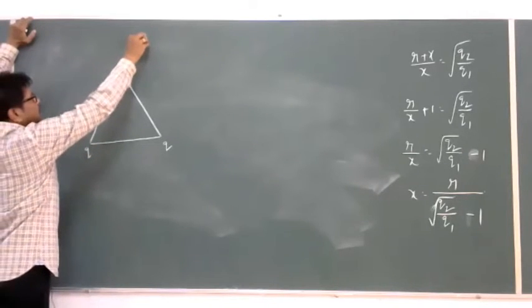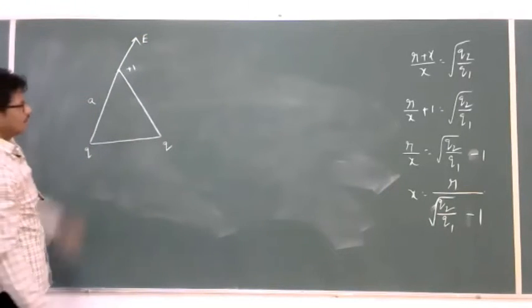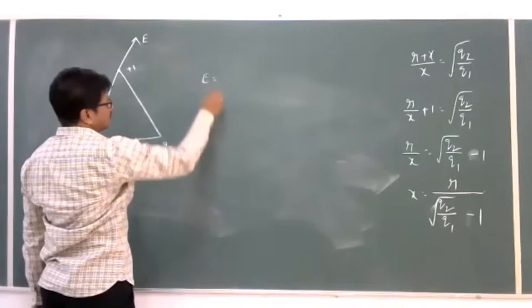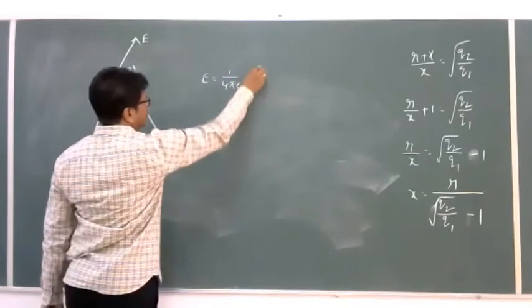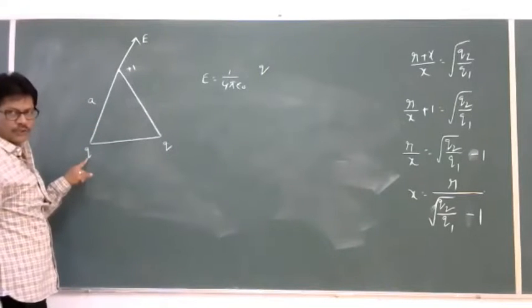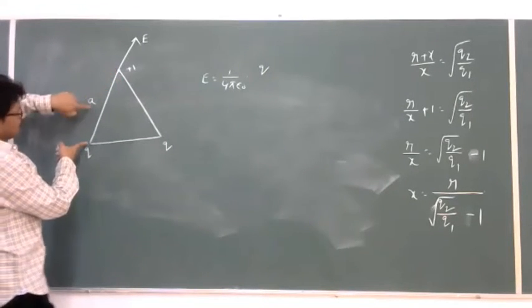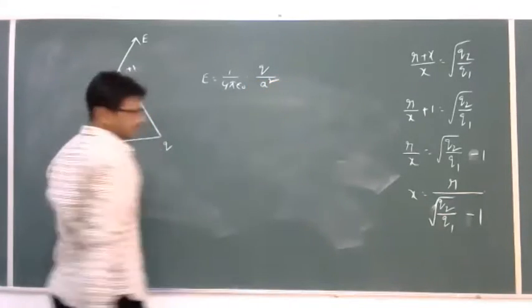The E will act like this. What is the formula to find E? E is equal to 1 by 4 pi epsilon naught, the charge is Q here, and the distance of this point from the charge is A, Q by A square.